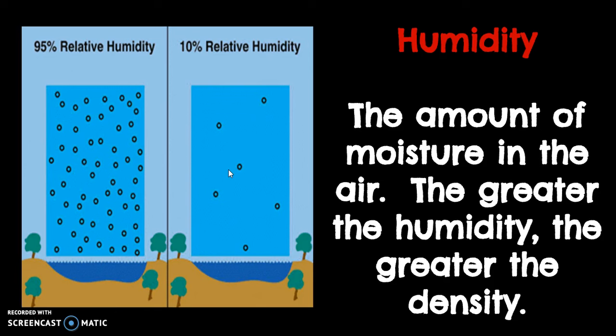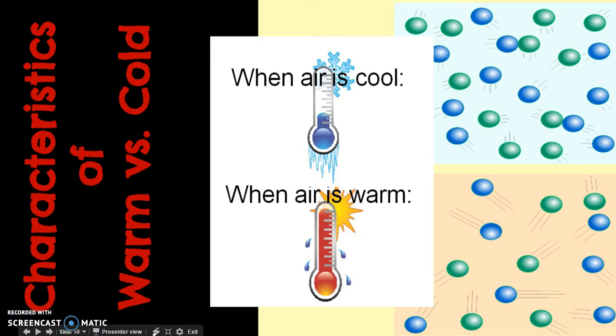I know, ladies, you'll know that on a high humidity, our hair doesn't tend to cooperate, and then on a dry, low relative humidity, our hair does cooperate. So temperature, elevation, and the humidity are the three factors that affect the density of air molecules.